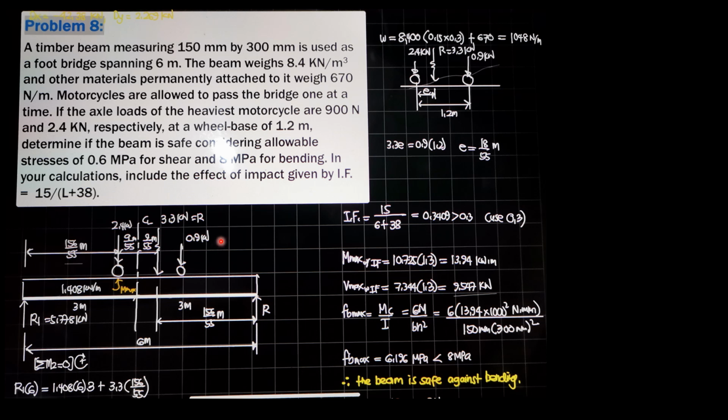So to solve for the uniform dead load, it is 8,400 newtons to be consistent, 8.4 kilonewtons per cubic meter.